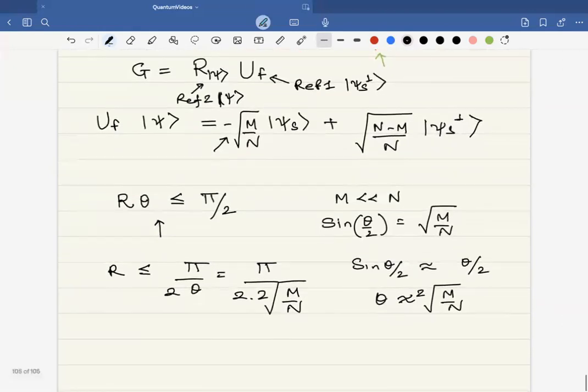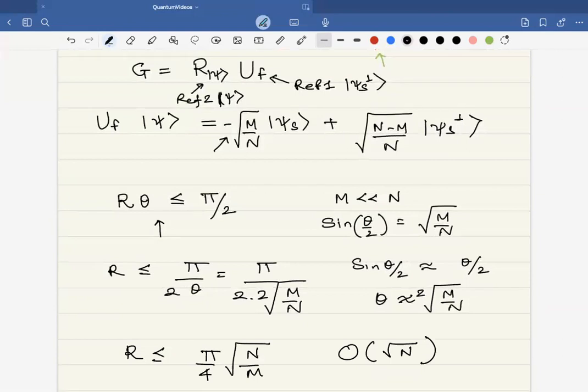So R should be less than pi over 4 square root of n over m, right? So with order of square root of n applications of the Grover operator, we reach very close to the solution.